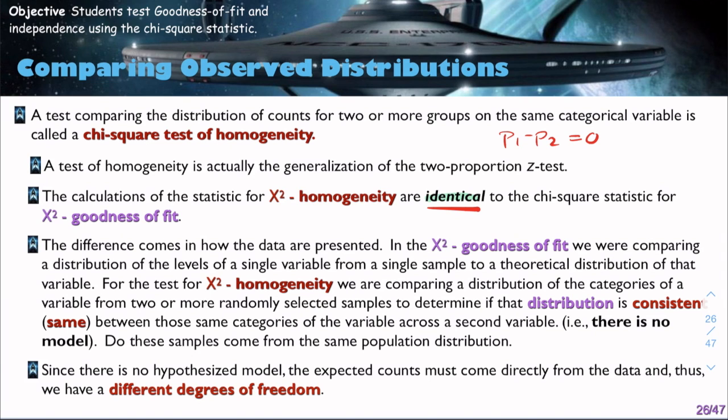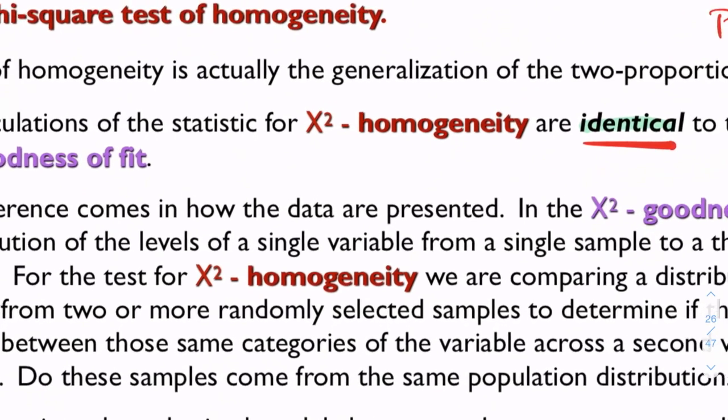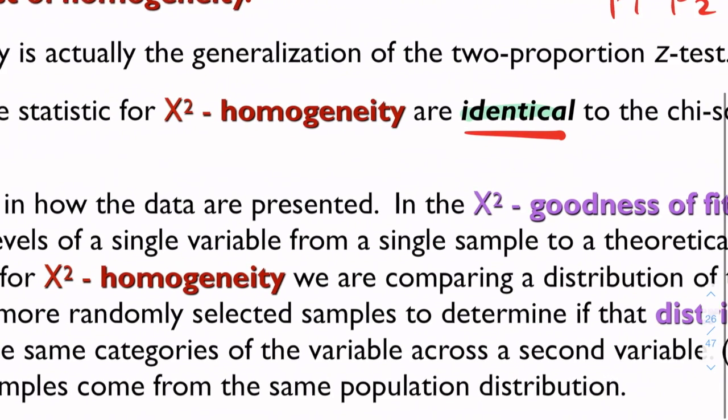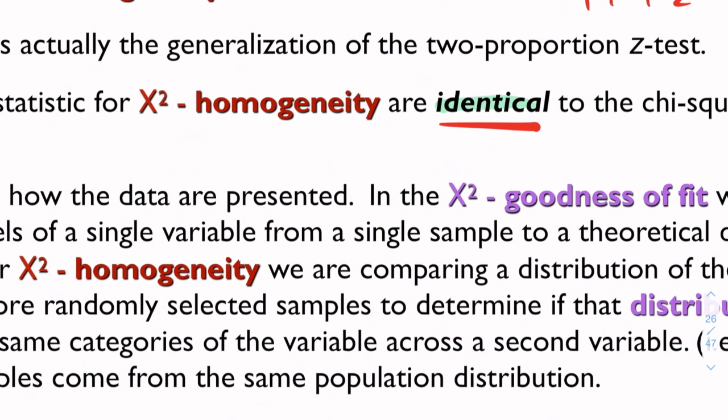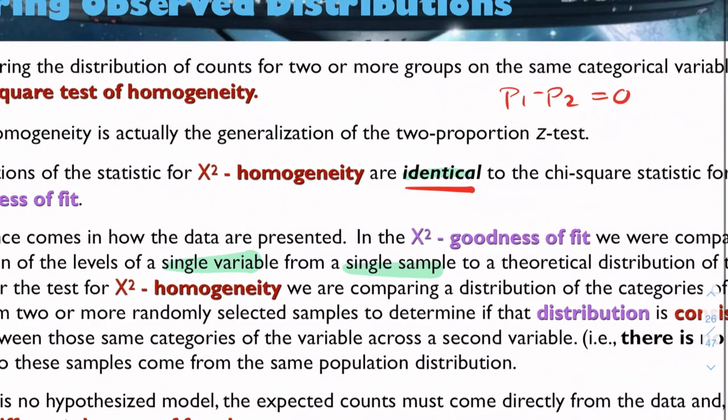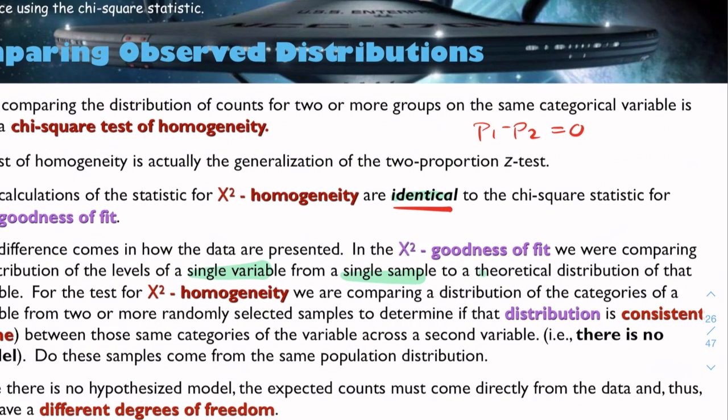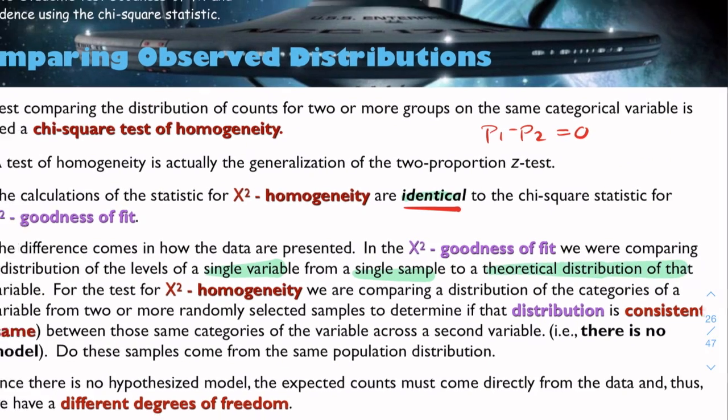The difference comes in how the data are presented. In the chi-squared goodness of fit, we are comparing a distribution of the levels of a single variable from a single sample: single variable, single sample. And we compare that to a theoretical distribution of that variable.